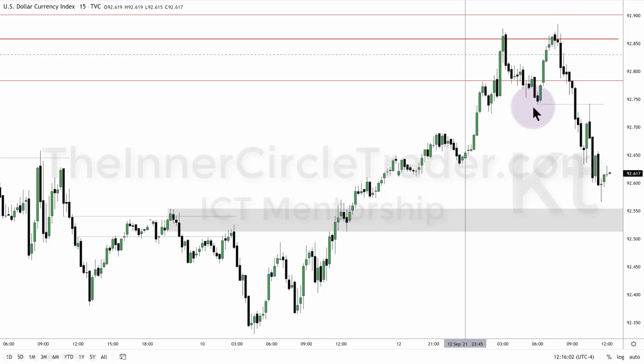So we have a high, low, higher high, bearish breaker. We create it here, trade back up into it here, and then it sells off for a New York session continuation. And the draw on liquidity is that bullish breaker. So be mindful of that going forward.